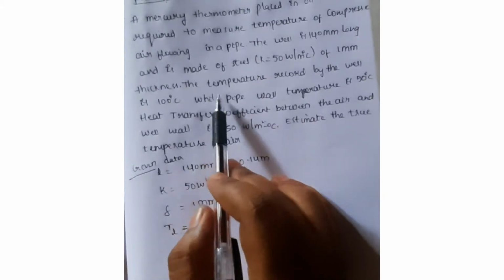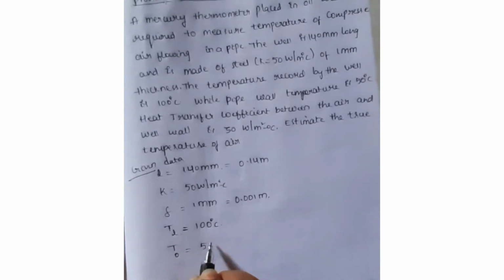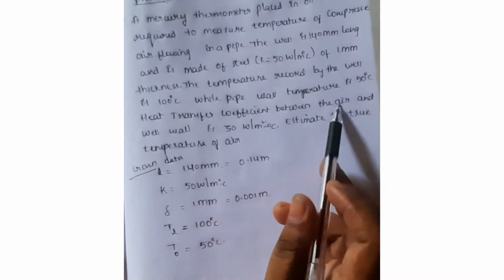Next one, the pipe wall temperature is denoted by T naught, 50 degrees centigrade. Next one, the heat transfer coefficient between the air and the wall. The convective heat transfer coefficient is denoted by small h equal to 30 watt per meter square degree centigrade.